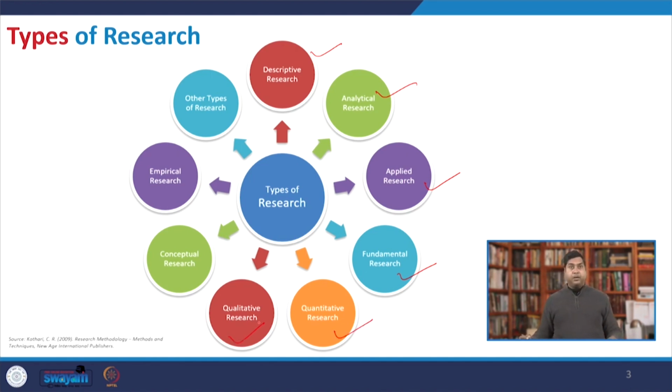We will have a detailed discussion on qualitative and quantitative research, because sometimes we researchers find it difficult to distinguish them, and probably make mistakes in terms of communication and other things. So we will discuss that in detail. Then we have conceptual research, and on the other hand the empirical research, and I will also discuss some other types of research as well.